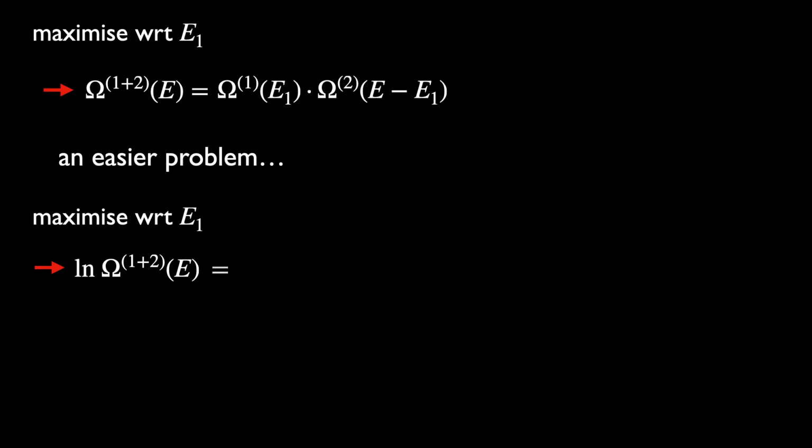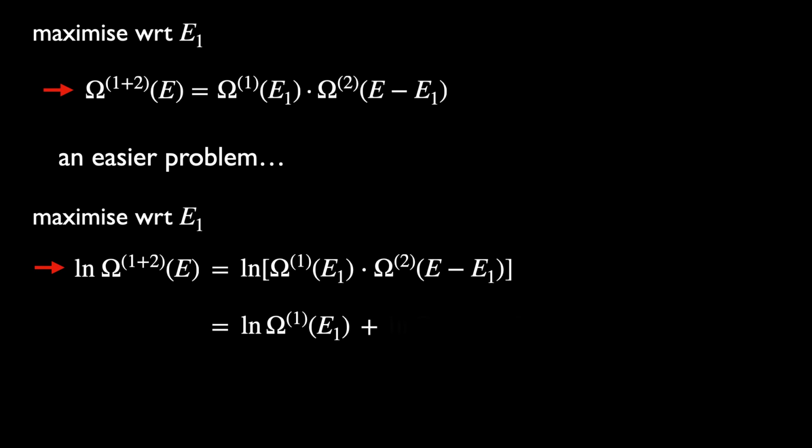The function log omega has the advantage that we now have the sum of two logs corresponding to each system, rather than the product of two omegas. This is what is known as an extensive variable, where the whole is just the sum of its parts, which is a much simpler relation.